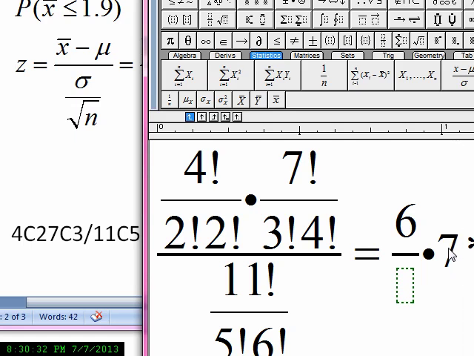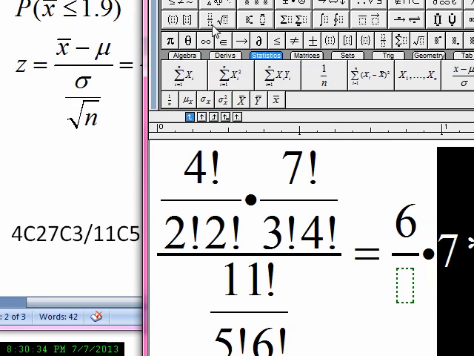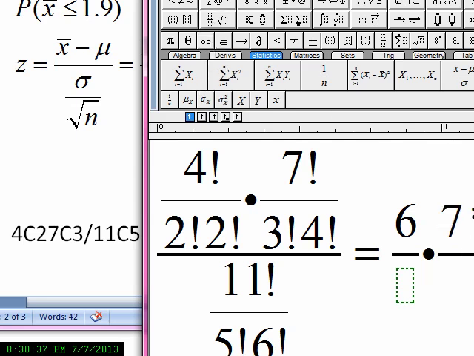I'm just going to do it this way, you guys, because I'll be all night trying to click that button. All right, so that's the second guy. The 3 times 2 will cancel with the 6. So it'll just be 7 times 5, which is 35. So it'll just be 6 times 35.